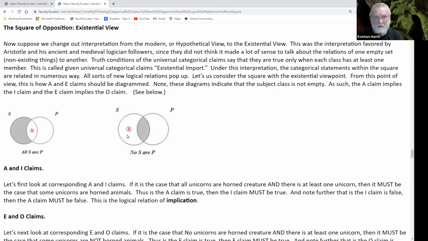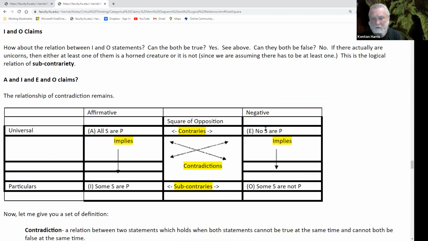Well, that's what the O claim says. The O claim says there's an X in that region too. So if the E claim is true, the O claim must be true. But if the O claim is false, the E claim must be false. Again, this is the relationship of implication. But notice something else. The A claim and the E claim cannot both be true at the same time.